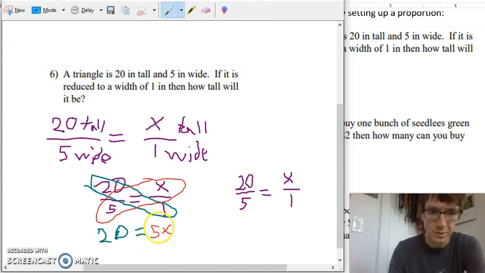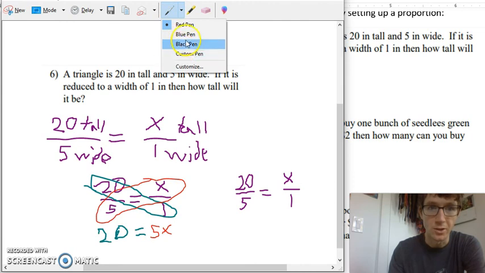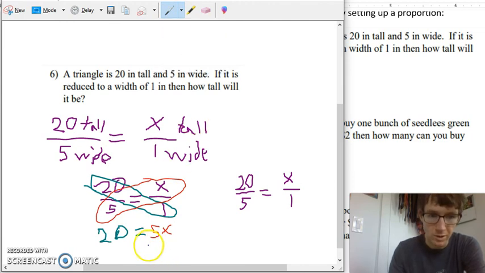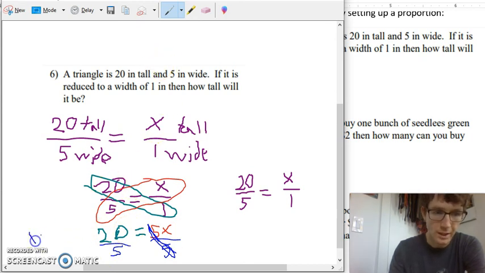So how do we get x by itself here? It's 5 times x. We've got to do the opposite of multiplication, which is division. So I'm going to divide by 5 over here, divide by 5 over here. So this cancels. That cancels. What's 20 divided by 5? We should get x to equal 4. And that'll be your answer over here.